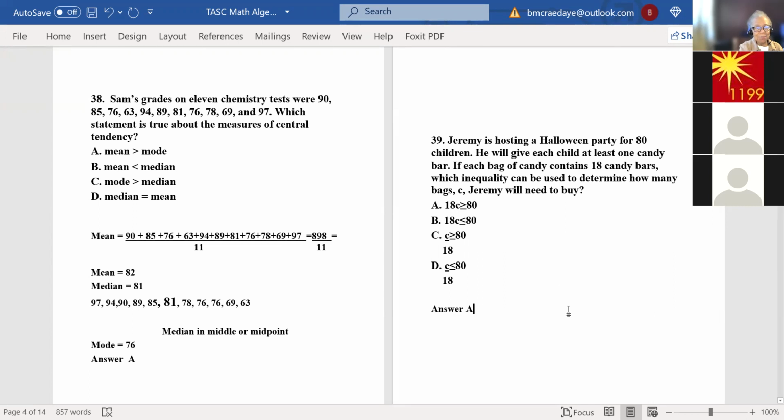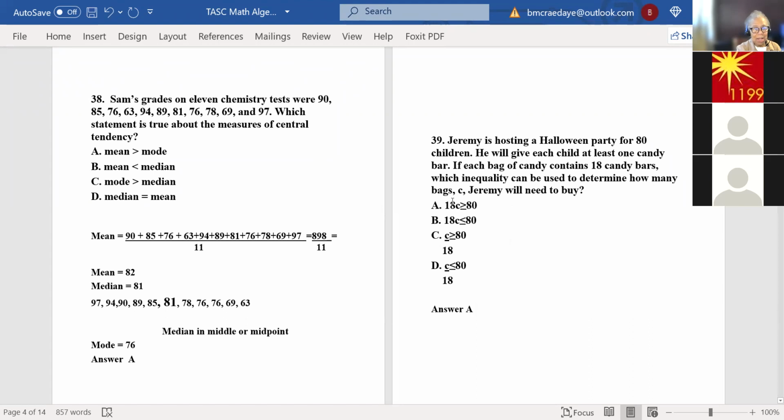Got it? Okay. Vanessa, you got an answer for 39? Yes, Miss Barbara. What did you get? A, that's correct. Because at least, and Maureen checked her reference, greater than or equal. So answer A, 18 times the number of bags must be greater than or equal to 80.